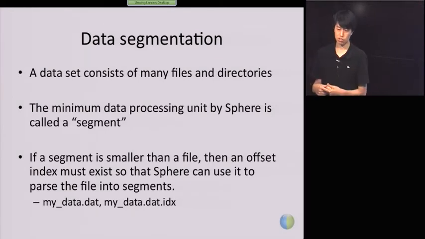You have to tell Sector how to parse your data, because nobody else knows how to parse it. You are the only person who has the knowledge of the data. That's very similar to when you run a MapReduce job, where you need a runtime parser to parse your data. It's a similar process. But instead of a runtime parser, Sphere has a permanent offset index on disk, so you don't need to parse at runtime every time.